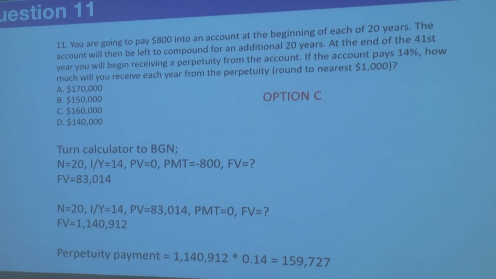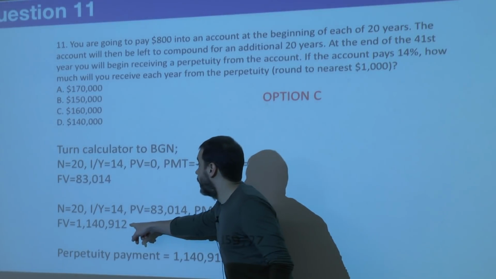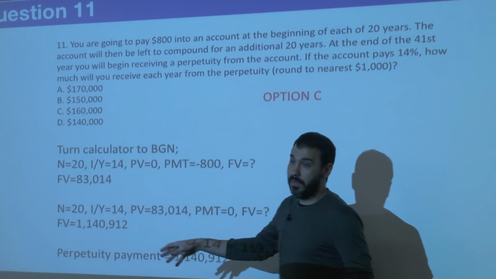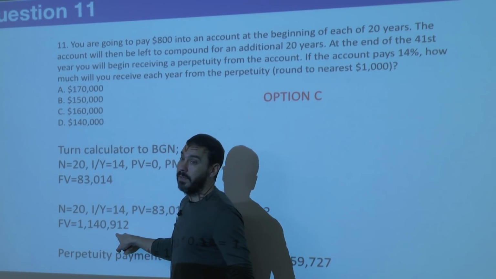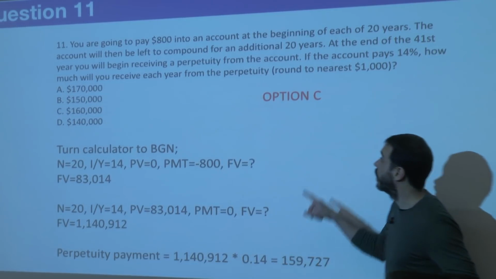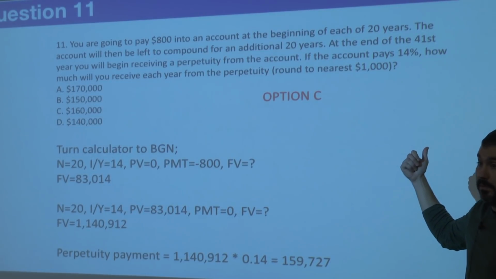The first payment of a perpetuity that starts at time 40 is at time 41. So at time 40, you have this amount. That's our time 0. If you have this amount at time 40, and you turn it into a perpetuity, the first payment actually happens at time 41, which is exactly what we are told should happen.